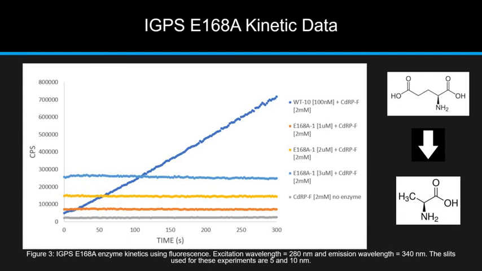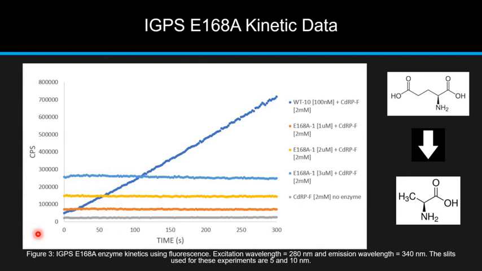Now, looking at the other mutation, E168A, we changed the glutamic acid at the 168th position to alanine. Again, this is a drastic change that we can see right here. So we expected to see a decreased activity in comparison to the wild type enzyme.